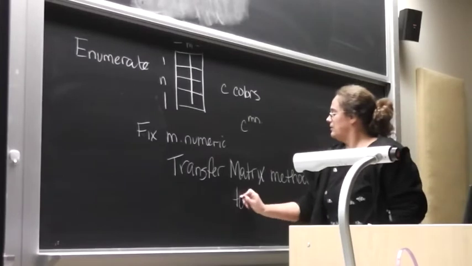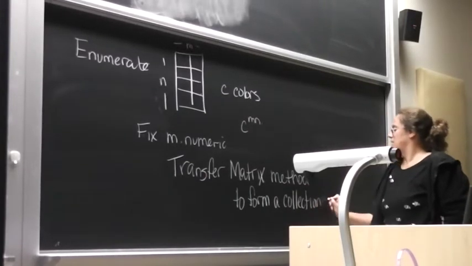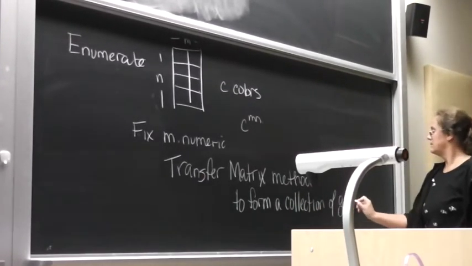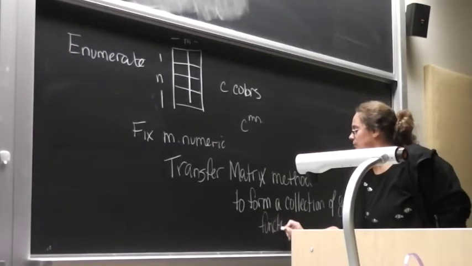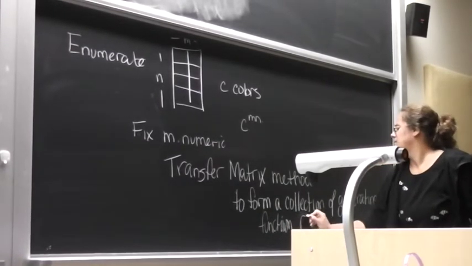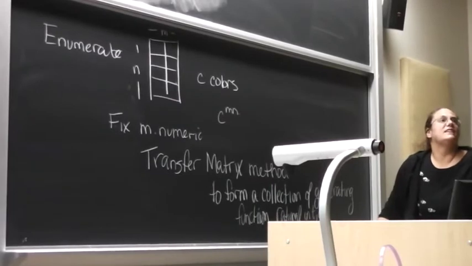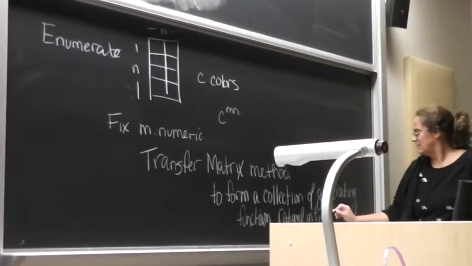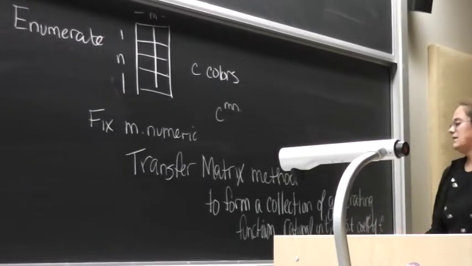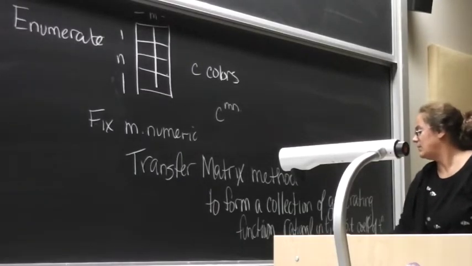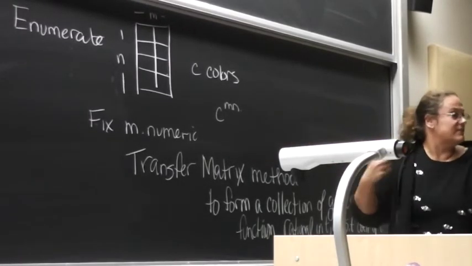Form generating functions, a collection of generating functions, and these functions will be rational in t and C, such that the coefficient of t to the n is, in fact, C to the mn, the number of n by n grids which can be formed with C colors.